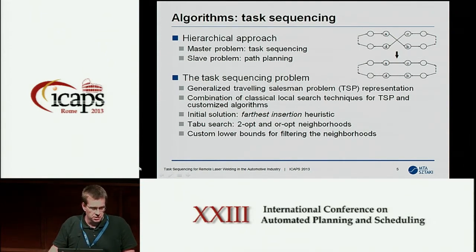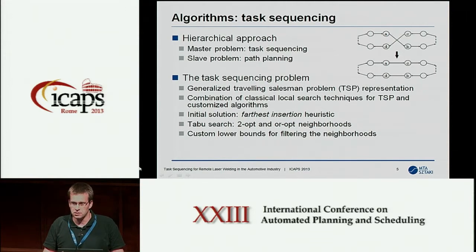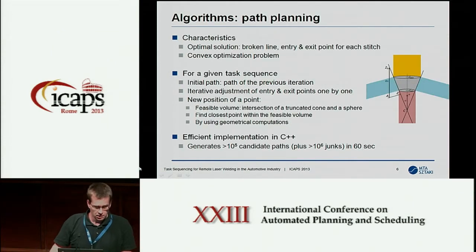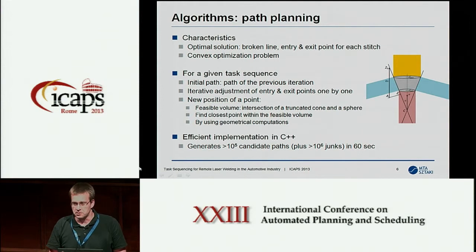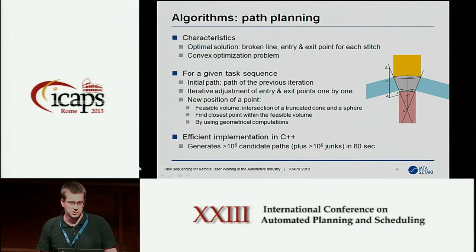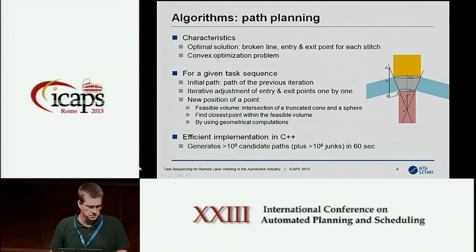And actually, we were able to eliminate more than 90% of the candidate neighbors from these neighborhoods. For the remaining about 10%, we'll have to perform path planning. And we are doing it in the continuous space. With our assumptions, we know that the optimal solution is a broken line that has one entry and one exit point for each of the truncated cones.